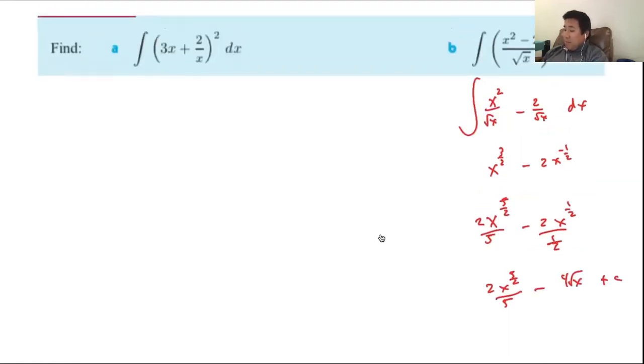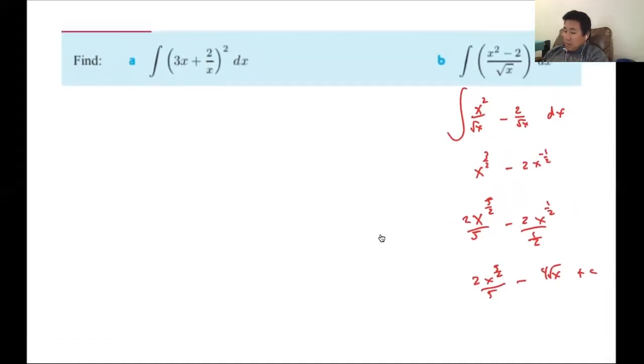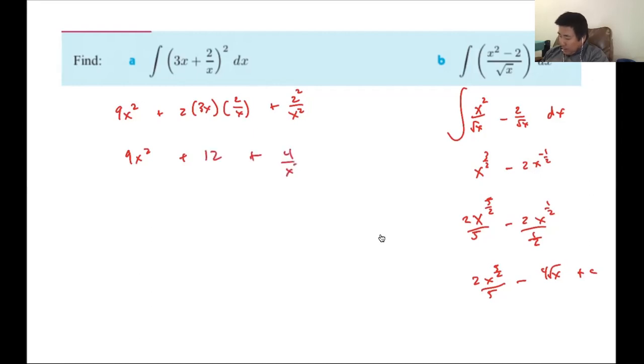I'm going to FOIL this. I have 9x squared plus 2 times 3x times 2 over x plus 4 over x squared. So 9x squared plus 12 plus 4 over x squared.